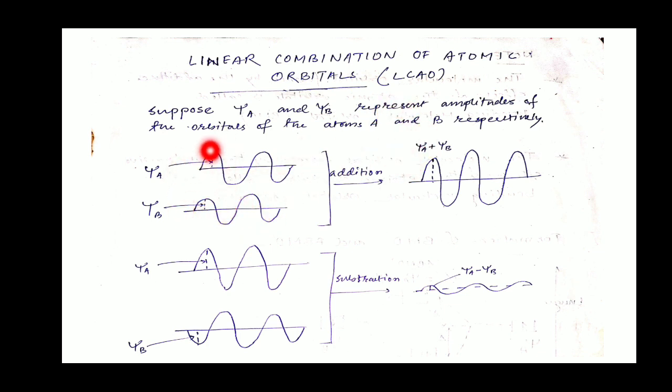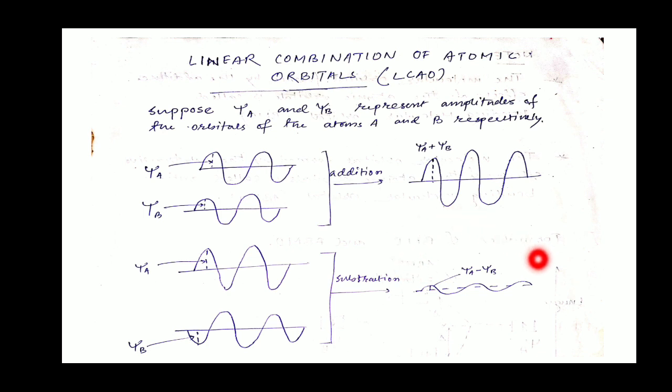When psi A and psi B have constructive interference, their resultant wave has the amplitude psi A plus psi B, then it is called constructive interference, and it is formed by addition of psi A and psi B, right? Now if psi A and psi B undergo subtraction, they will form destructive interference.